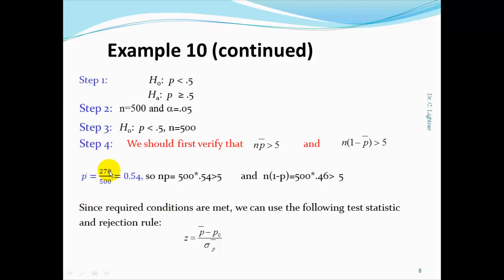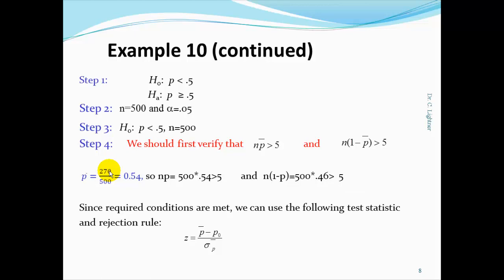Since 270 out of 500 of the residents say that they favor eliminating this policy, our p-bar value is 270 divided by 500, which equals 0.54. Therefore, N times P, or 500 times 0.54, is indeed greater than 5.